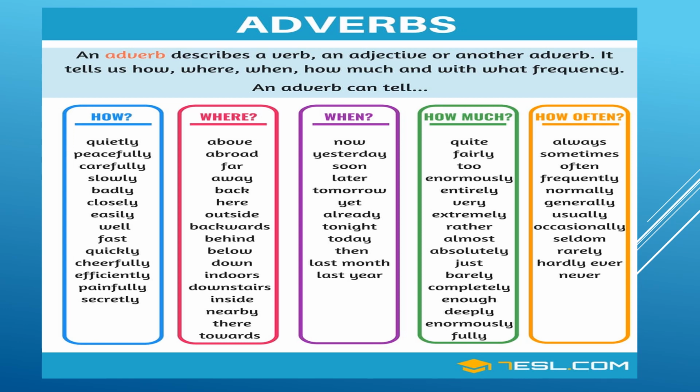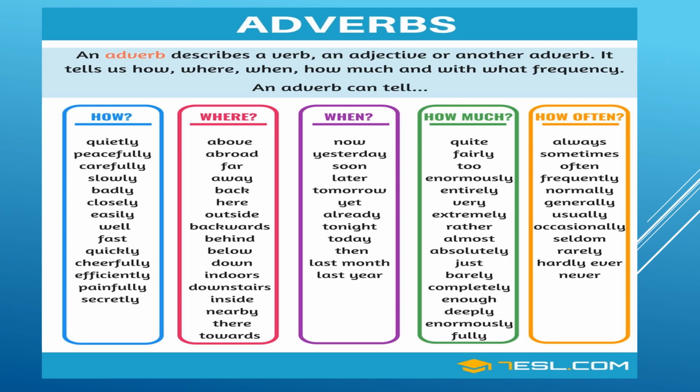Next is how much. Whenever there is a sentence and you are getting how much: quite, far, too, internally, very, extremely, rather, almost, absolutely. This is the degree form of adverb. Next is how often. How often is your frequency.